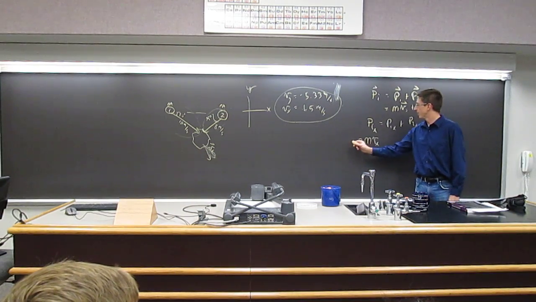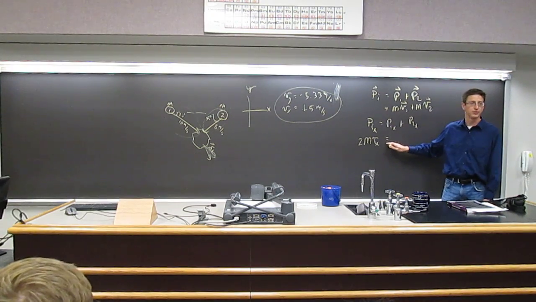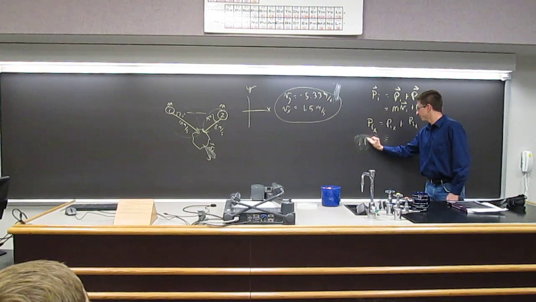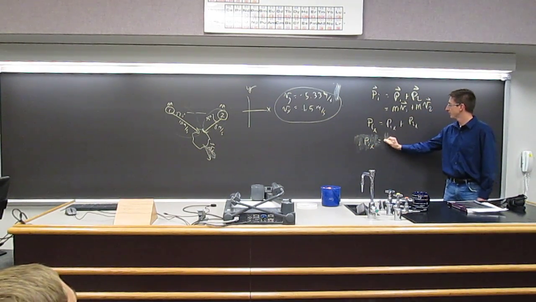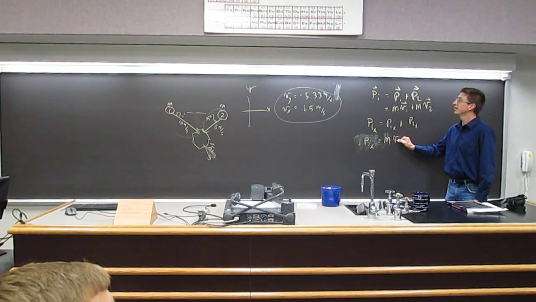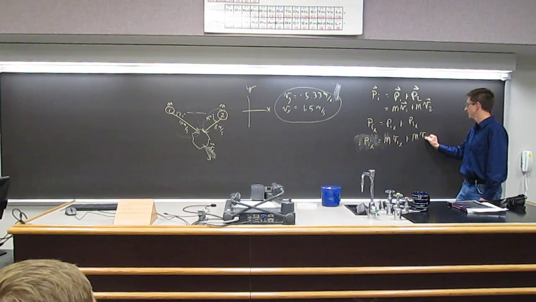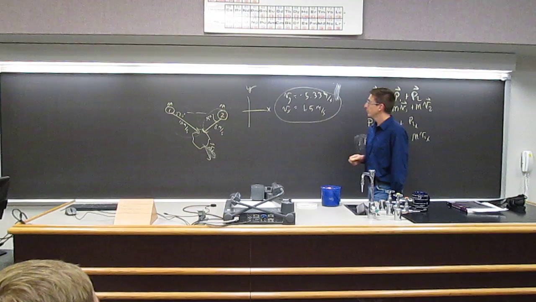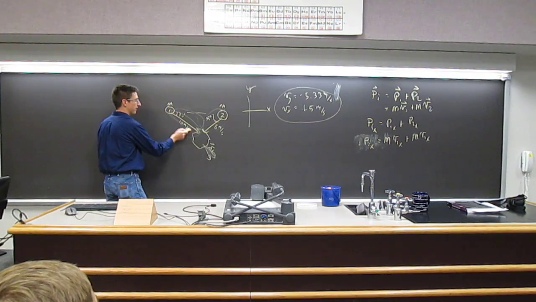P initial x is equal to P1x plus P2x. It'd be m V1x plus m V2x. So V1x, we've got to figure out the x component of this velocity here.